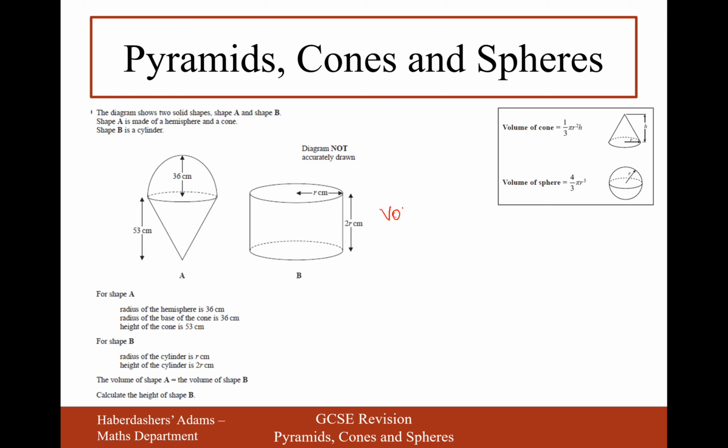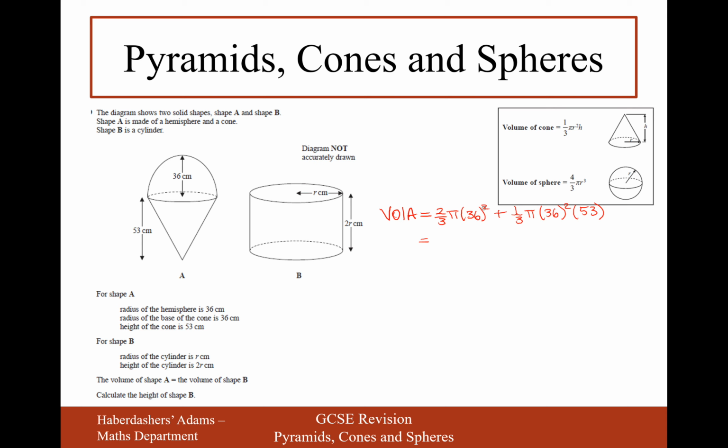So the volume of A is going to be a hemisphere, so that's going to be 2/3 pi 36 squared, add the cone, which is going to be 1/3 pi times 36 squared times 53. So let's work this all out, but we'll leave the pi alone. So it's going to be 2 over 3 times 36, is that hemisphere?